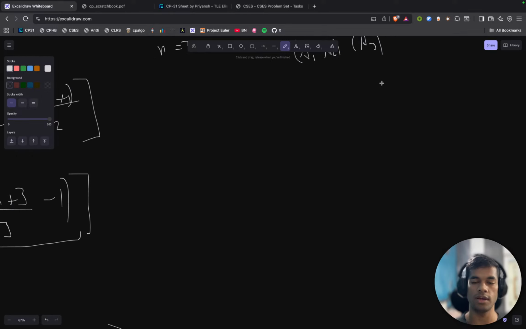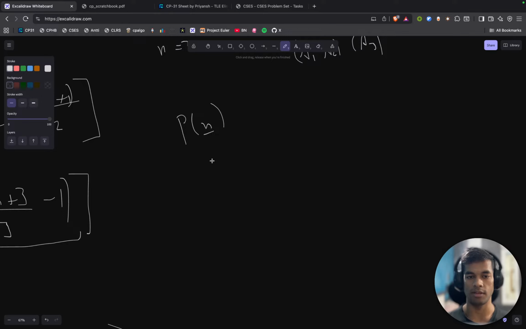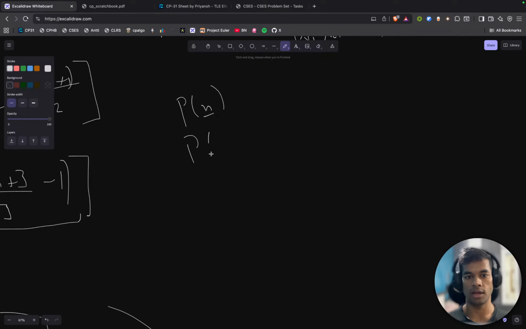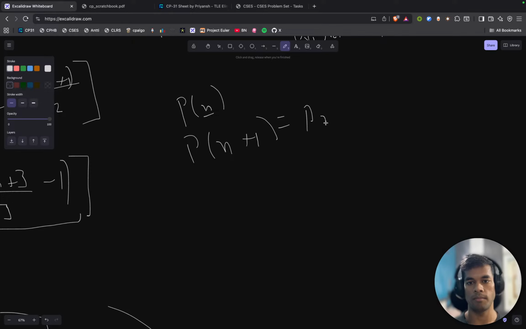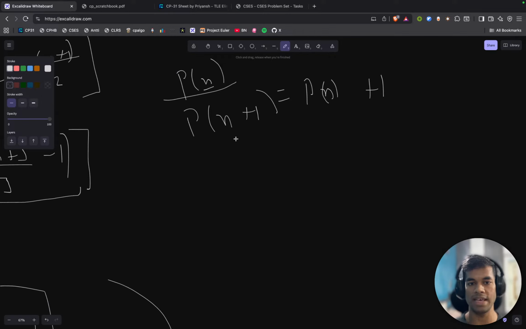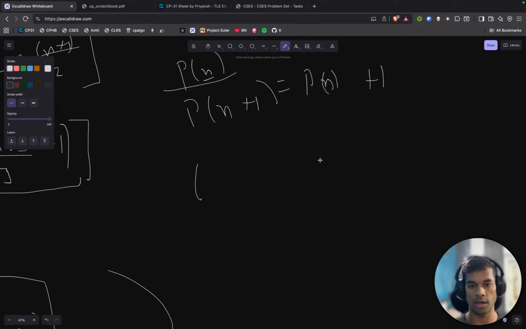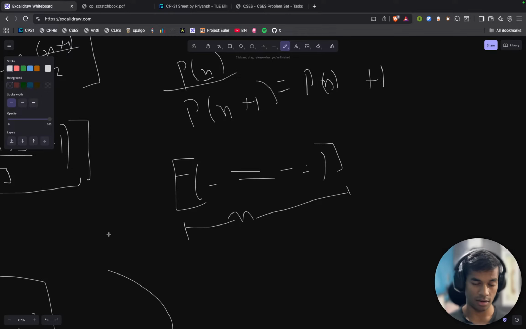We are saying that, let's say Pn gives us the answer for n matrices, and we are saying that Pn plus 1 will be equal to Pn plus 1, because whatever the answer for Pn is, it would have some form like this, and this thing would have n matrices in total.